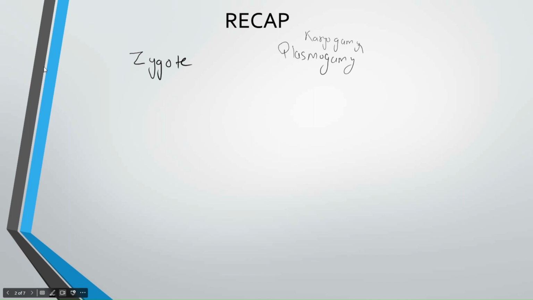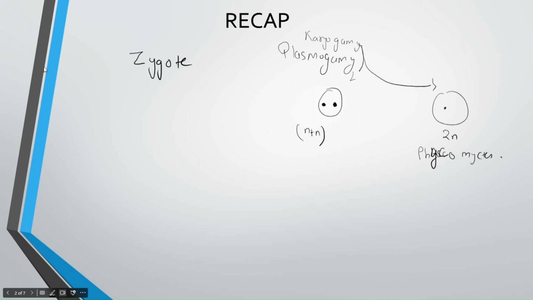After karyogamy, there are two things that are possible: N plus N and directly to N. Directly to N is the condition in phycomycetes.